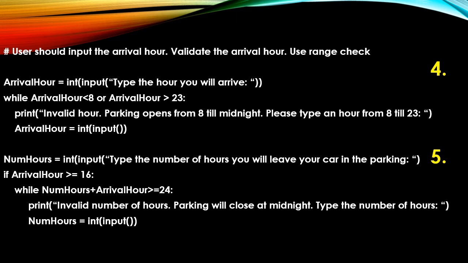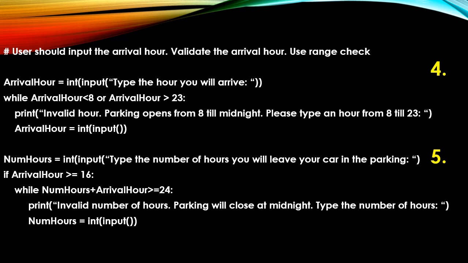So we're going to say while num hours plus arrival hour is greater than or equal to 24, print invalid. The parking is going to close at midnight. Please retype the number of hours to make sure that you leave before midnight.